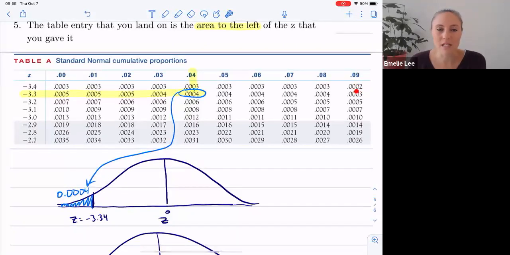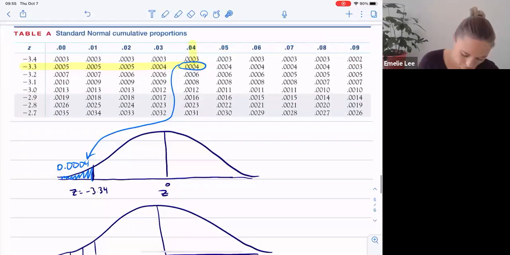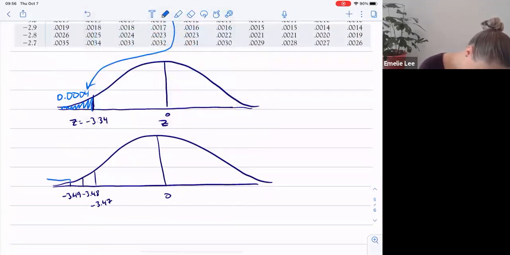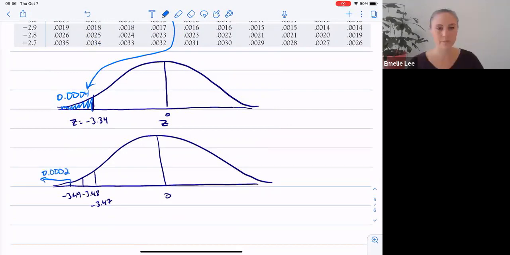It's because the area to the left of negative 3.49 is 0.0002. It's so small that anything beyond that, we don't really care. We can just say it's really, really small, approximately 0. So the smallest area to the left is 0.0002.